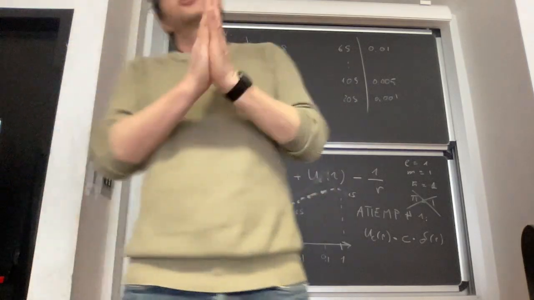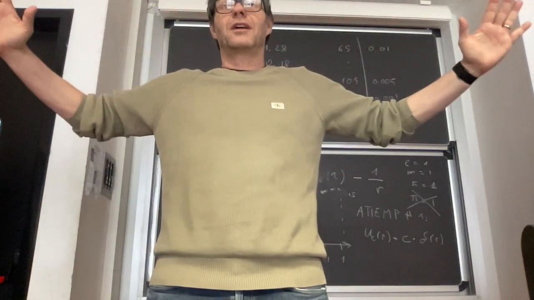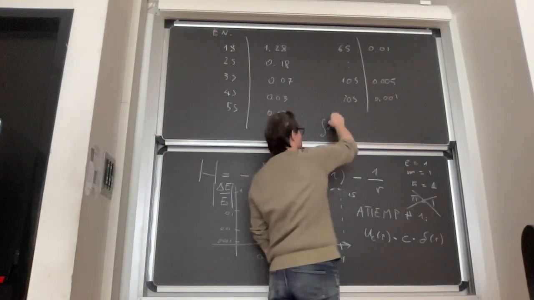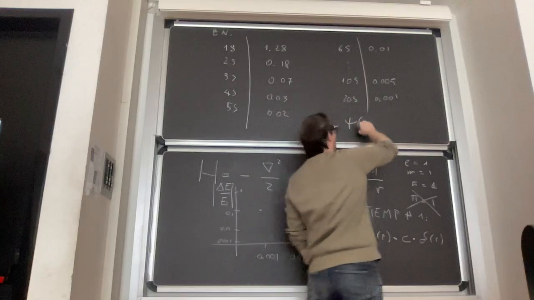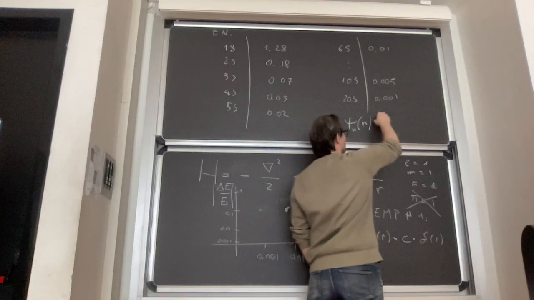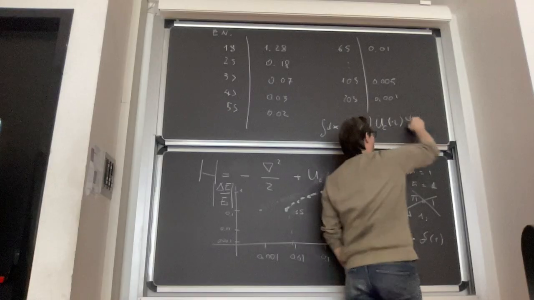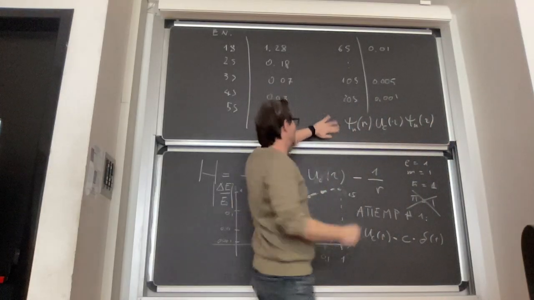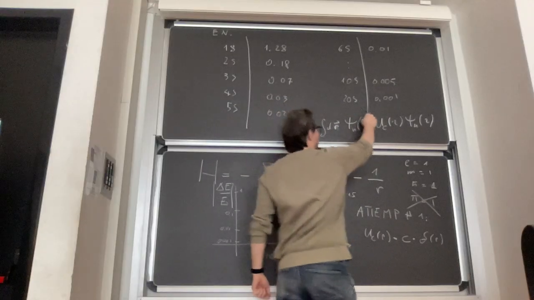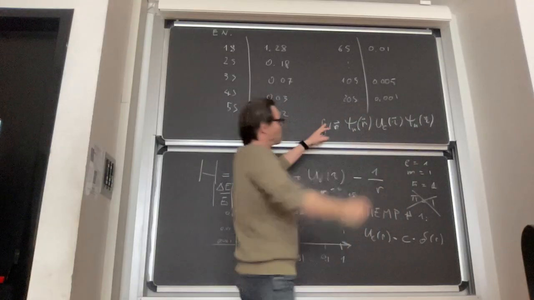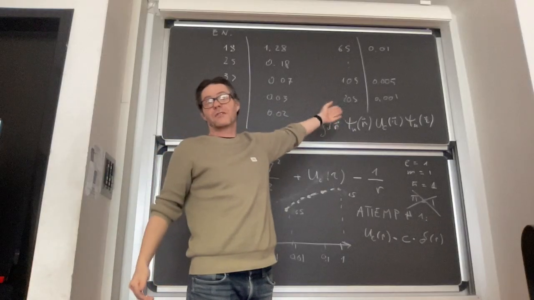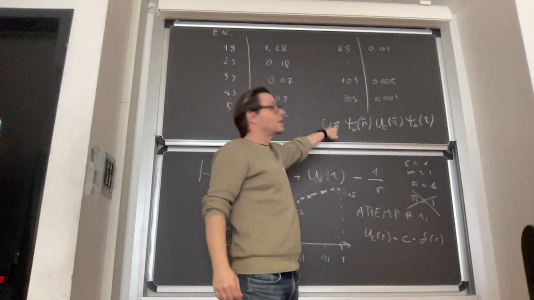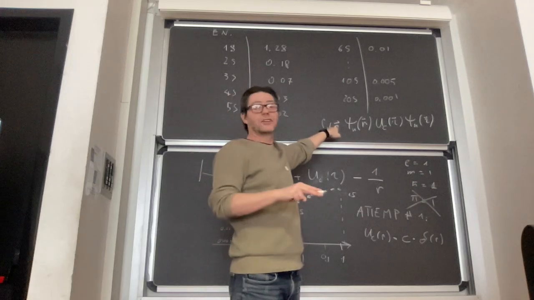Why? Because if it's short range, when you compute the expectation value of the potential, you will always have your wave function, your UC of R, your wave function. And if your wave function spends very little time in the center, now these are three-dimensional R's in principle. I'm not going now to spherical coordinates, which is the right thing to do. But if I were to do this and go to the spherical coordinate, this would drop a Jacobian, which goes to 0 in the origin.